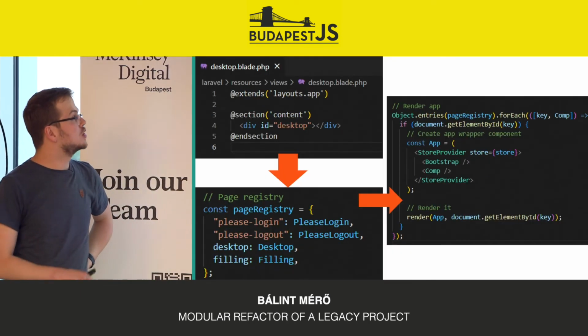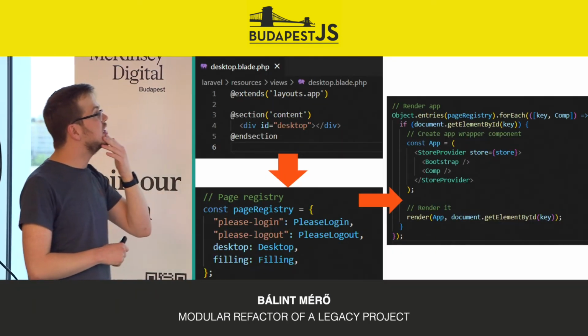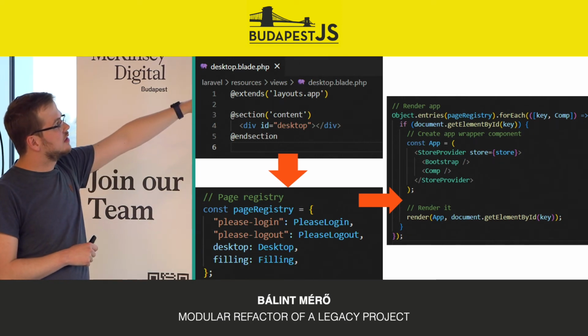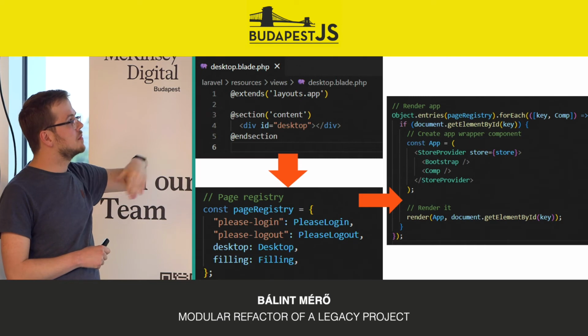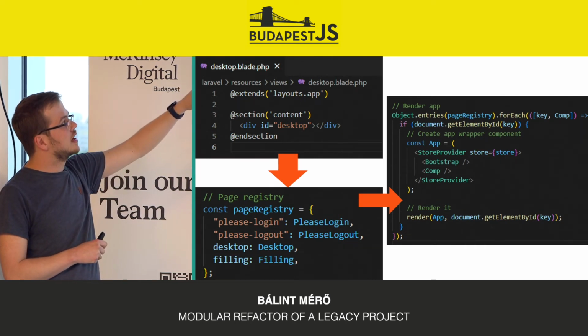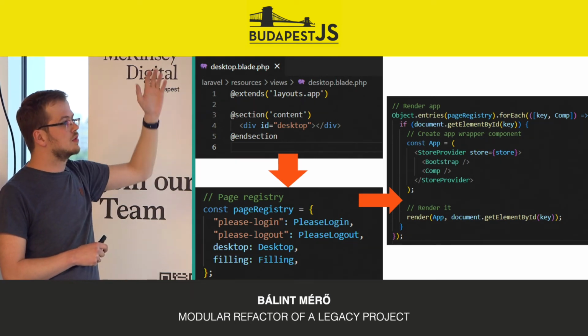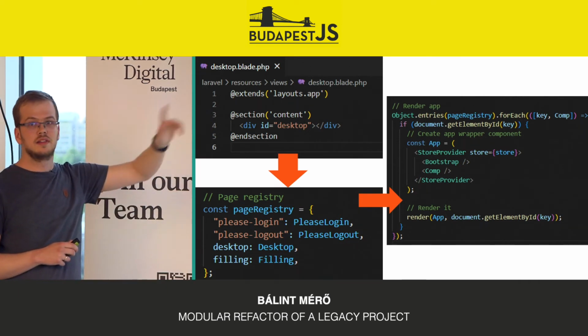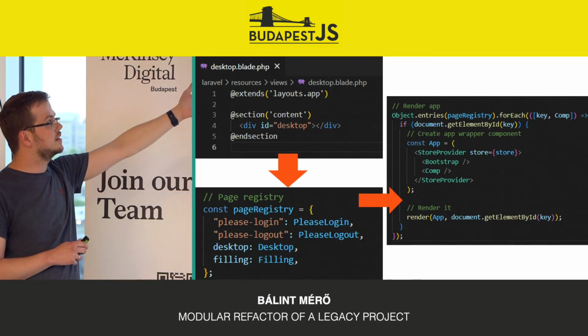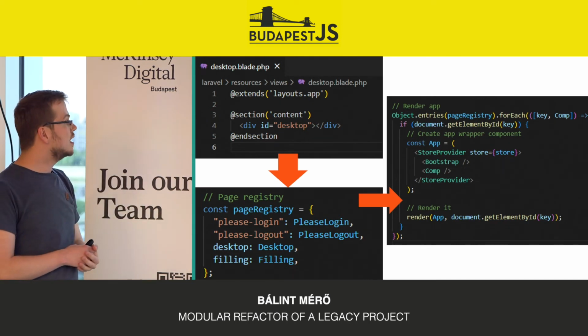And this is the example of the page registry. It puts the HTML headers and meta tags via some common Blade template, and we have only one HTML element there with a unique ID.